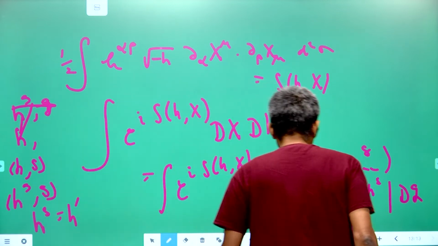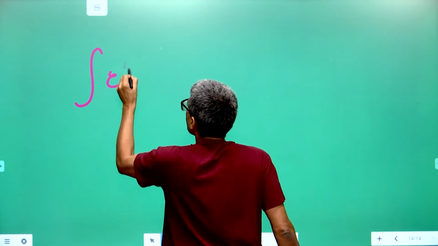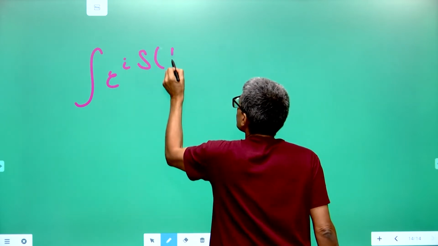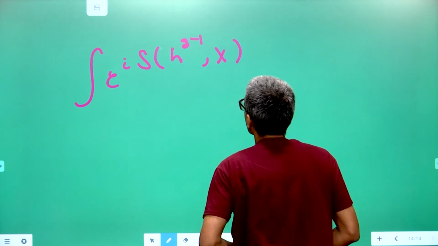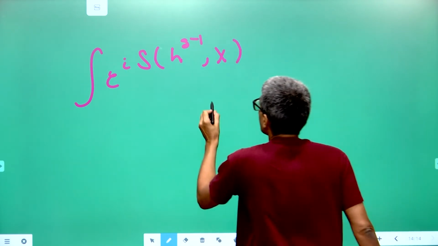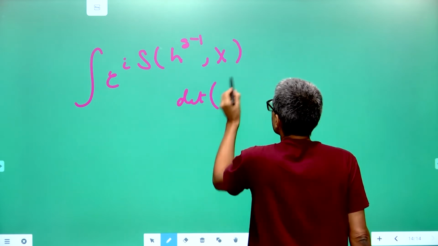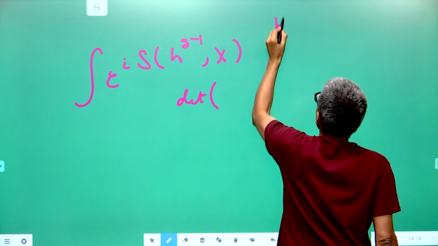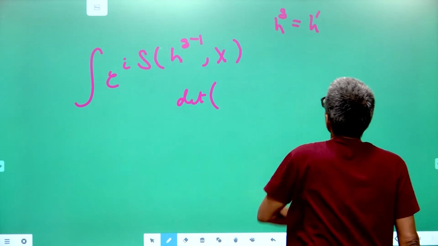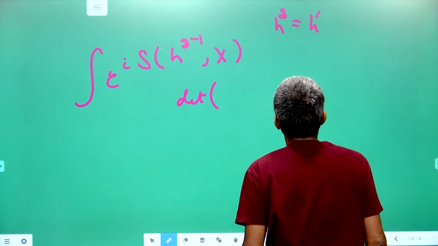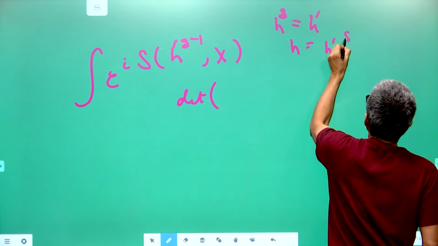Then this integral becomes the integral of e power i times S of h dash transformed by g inverse, comma x, since h becomes h dash transformed by g inverse.